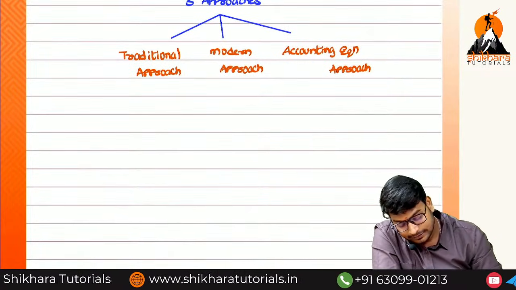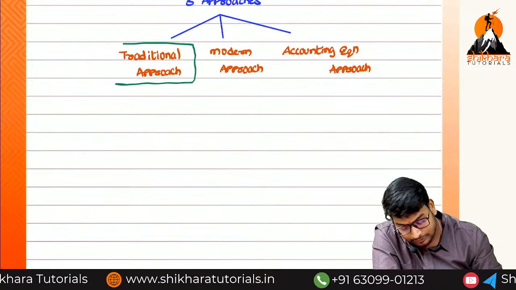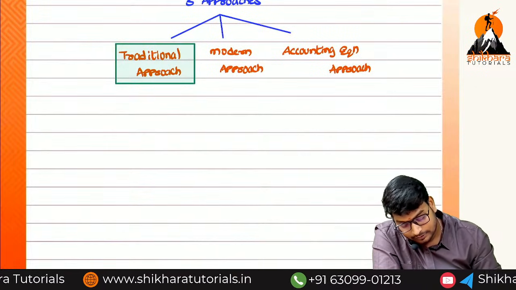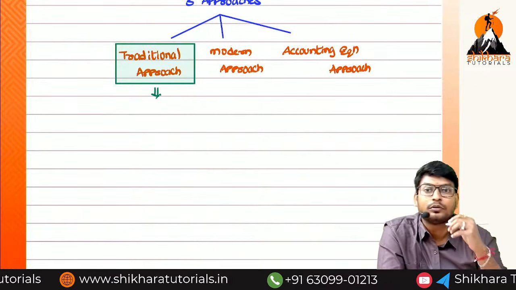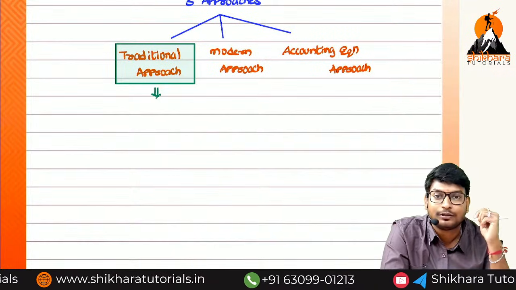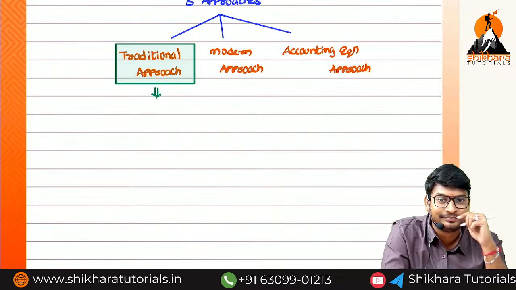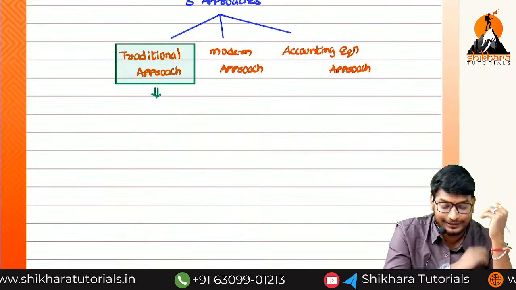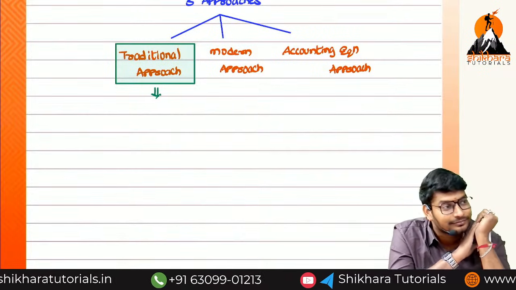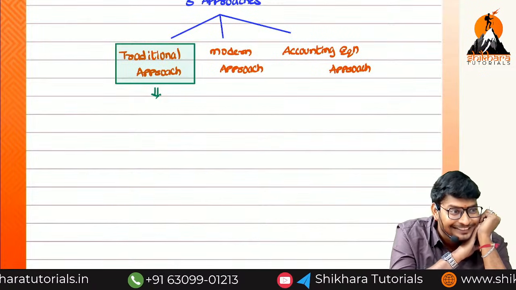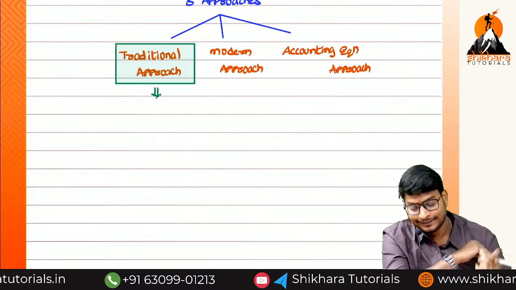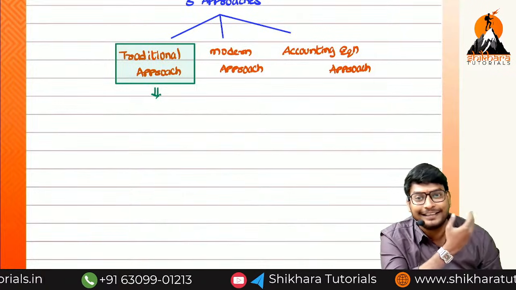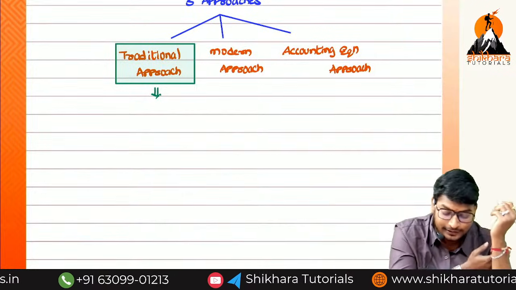In the traditional approach, we have the golden rules. What are the golden rules? The rules are golden. Not the debit the receiver, credit the giver one, that is not it.